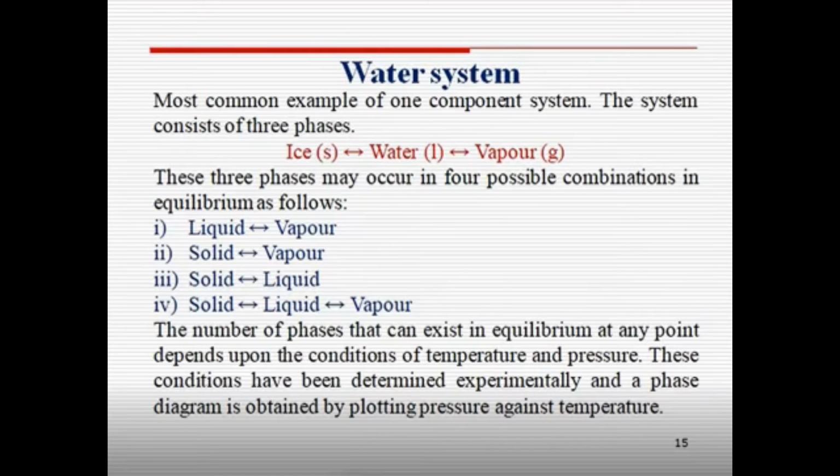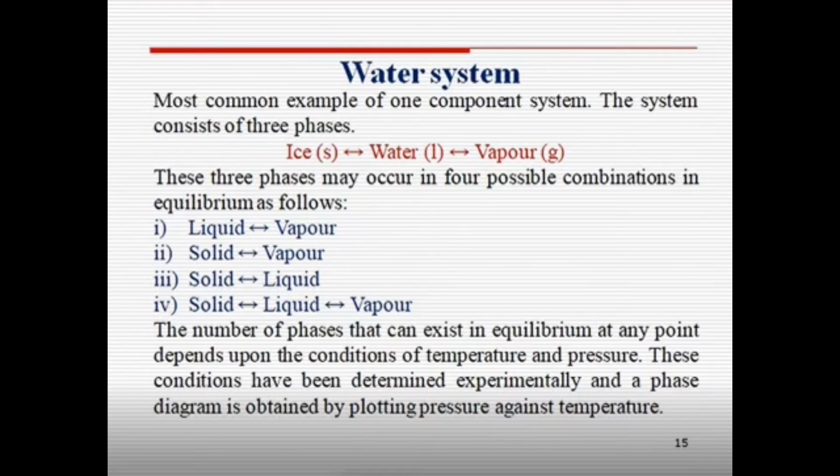It is the most common example of a one component system, and there are 3 phases: ice, water, and vapor. These 3 phases may occur in 4 possible combinations as follows. First is liquid-vapor equilibrium, then solid-vapor equilibrium, then solid-liquid, and last is solid, liquid and vapor.